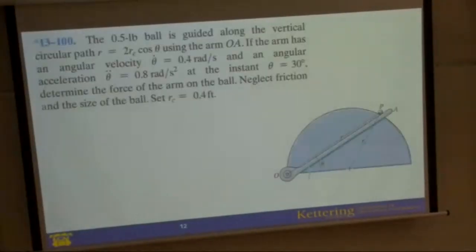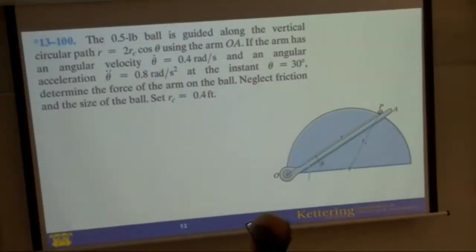Then, next question. Can you solve this one? We can solve it. There is a 0.5 pound rod guided along the vertical circular path.